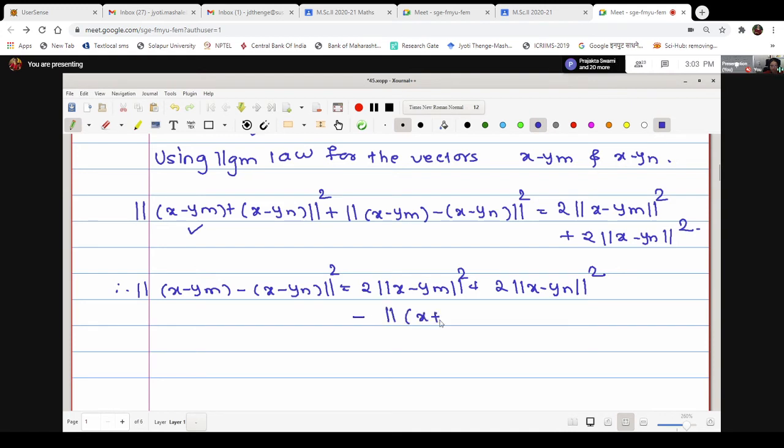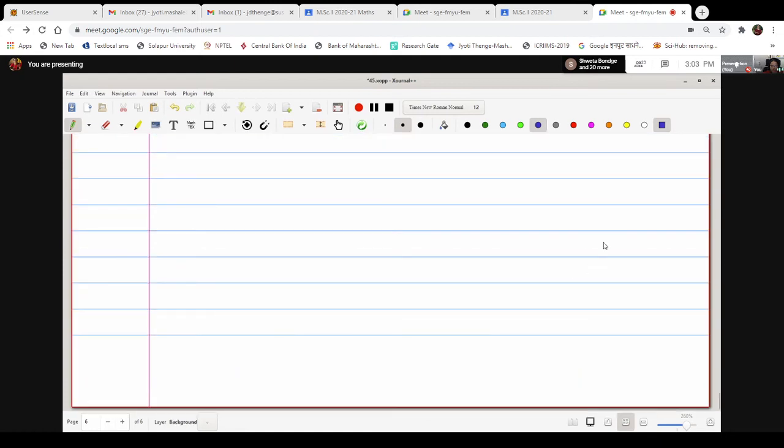This is x minus ym, plus x minus yn. Sorry, here it is minus, no? Now what is the value on the left hand side? x minus x will get cancelled, and here it is yn minus ym. Quantities on the right, just check. There is no change in the first and second one, but what can you write for this third one?